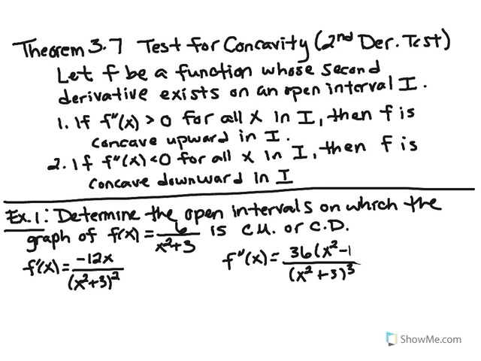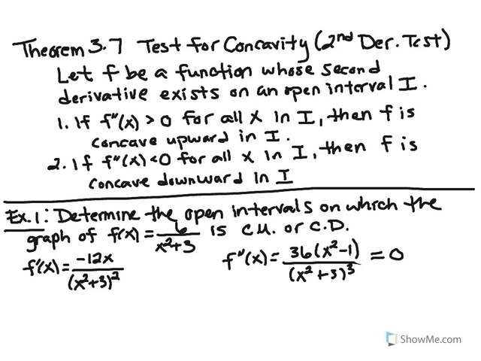So the goal here, just like in the first derivative test, was to see what happens when we set these equal to 0. So let's set this equal to 0, and if our values for x are less than 0, it's concave downward. If it's greater than 0, it's concave upward.